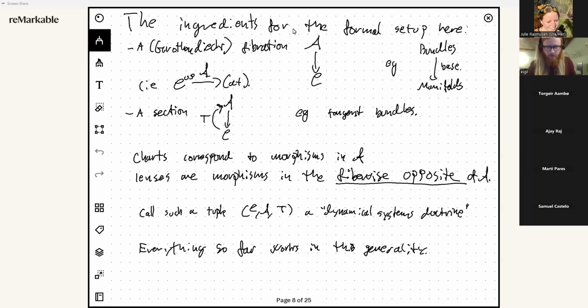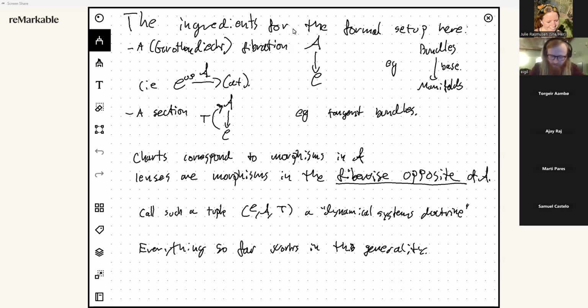Okay, so now we have the formal setup for open dynamical systems. Or well, that wasn't formal; it was concrete. But we didn't use that many features of the category of smooth manifolds.